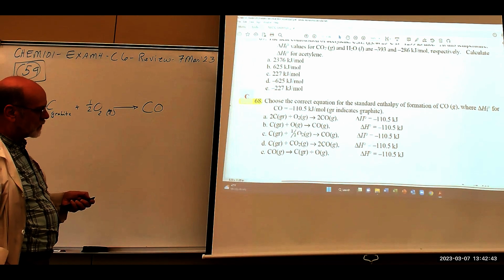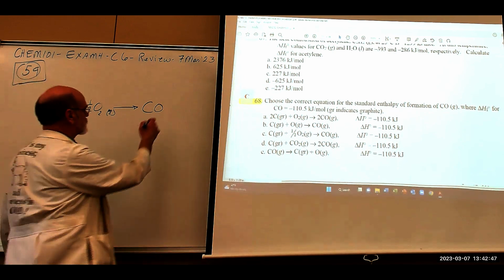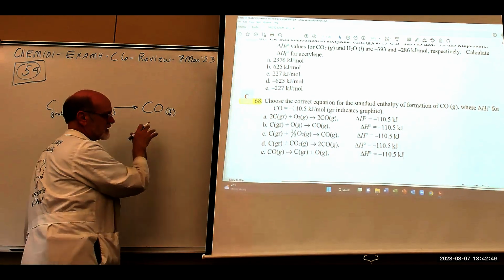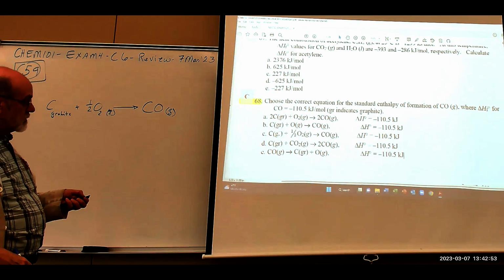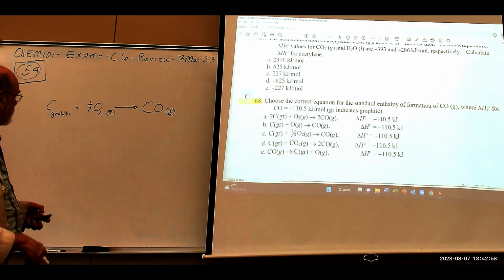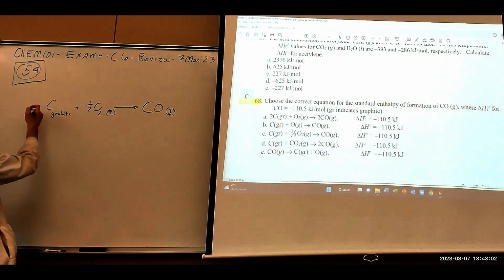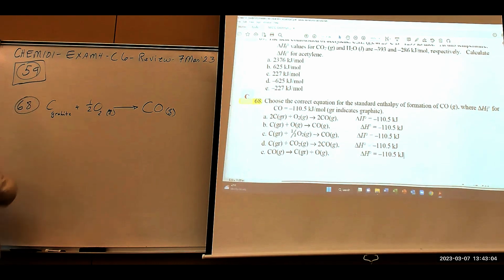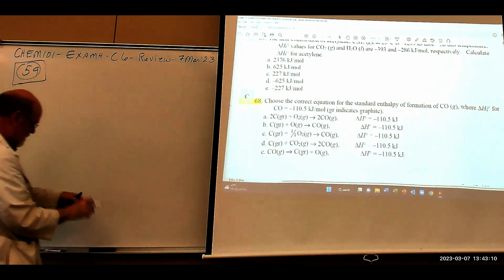And this is the only one with a half an oxygen, making this one, and that's a gas. Carbon monoxide is a gas that it's most stable. Okay, so it has to be this one right here. Oh, I didn't write the number. This is 68. Okay.